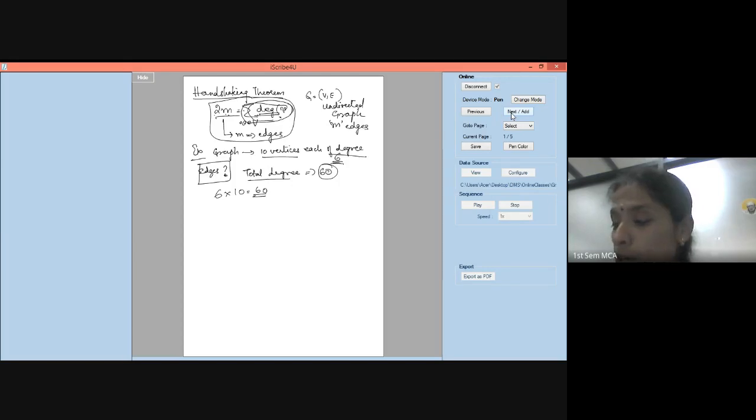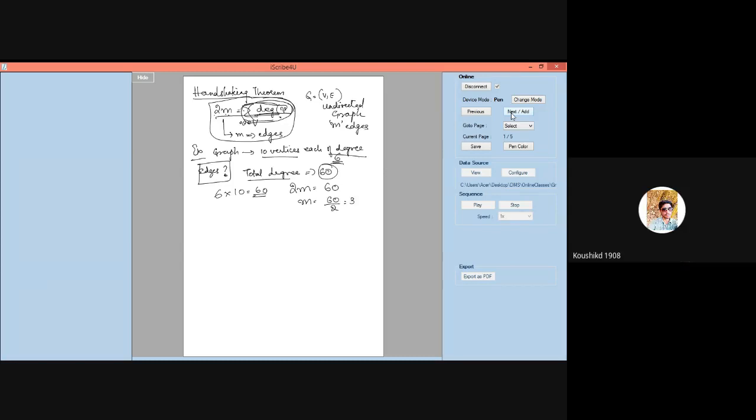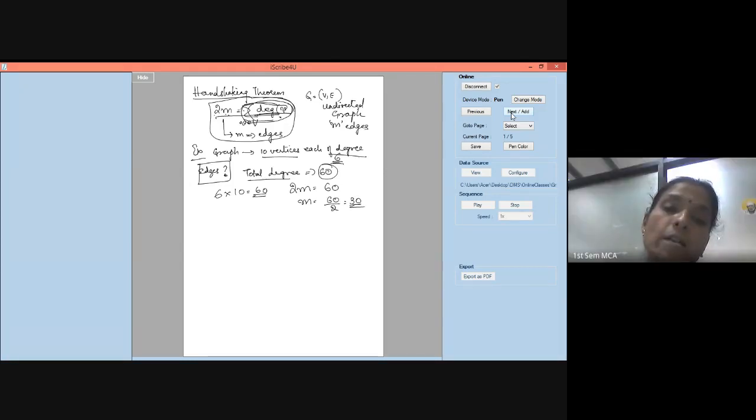According to our theorem, 2m is equal to 60, because the sum of the degrees of v is equal to 2m. So m, the number of edges, is 60 by 2, which is 30. That will be the number of edges of this graph. That is called the handshaking theorem.